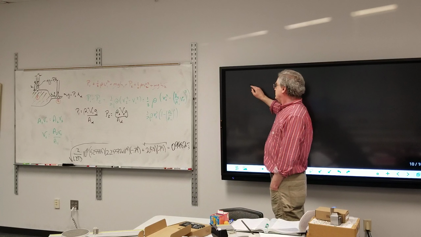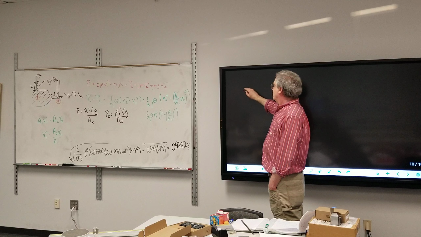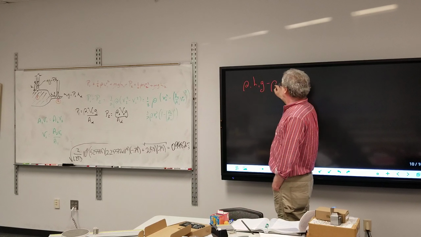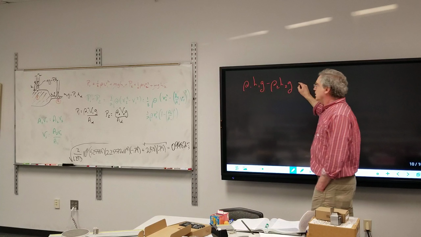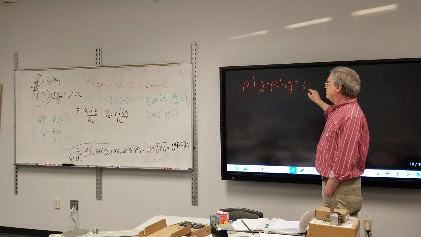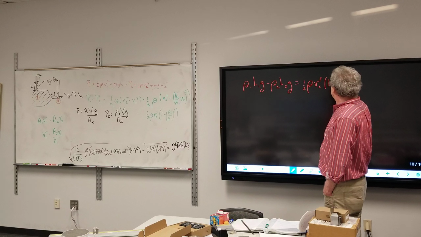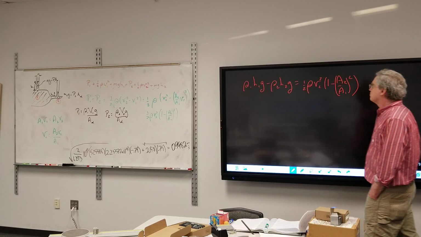So therefore, we get rho 1 H1 g minus rho 2 H2 g equals 1/2 rho V2 squared times 1 minus (A2 over A1) quantity squared.